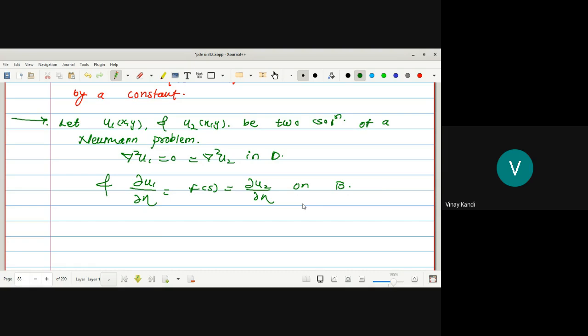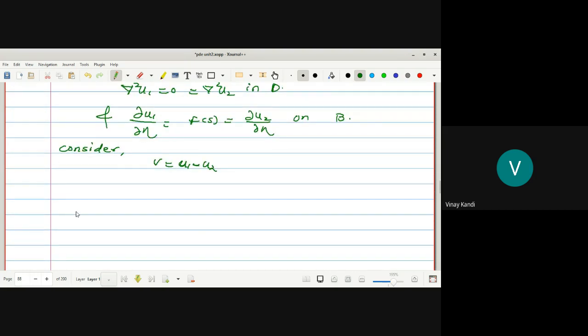Now consider, बघा जिथे जिथे एक स्लो करतो तिथे आपण मी डिफाइन करतो. Okay, consider that V is equal to u1 minus u2. So we see that, del square V is equal to del square of u1 minus u2. What is the value of V?